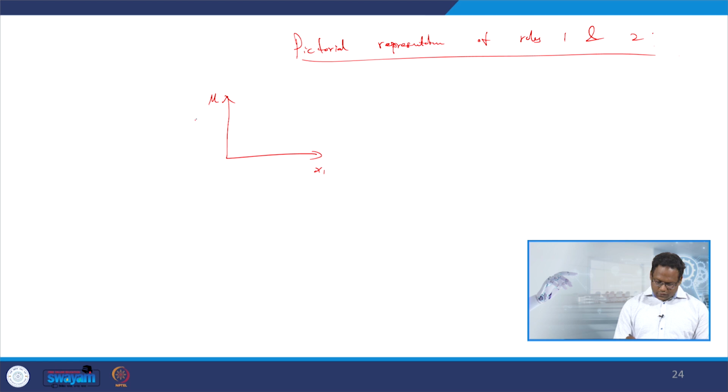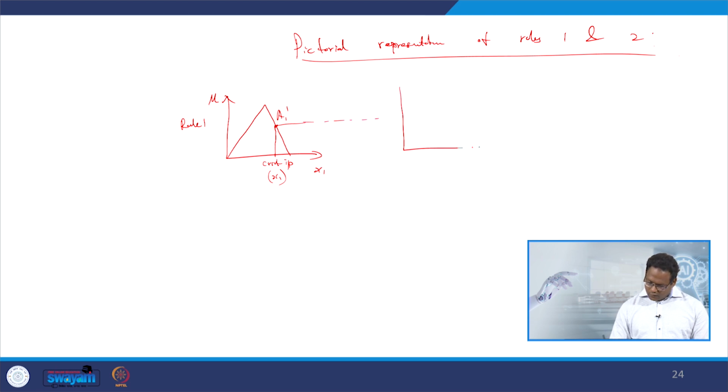This is the membership function for rule 1, here we are doing. So, say this is the crisp input x1, okay, which has the membership function value that is A11.